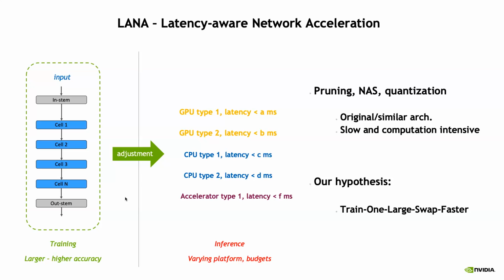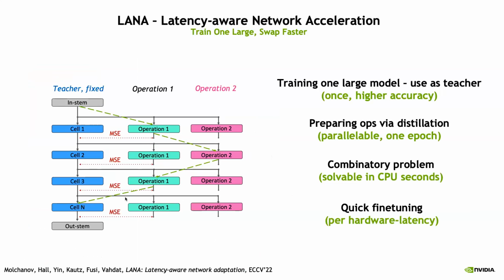So how are we going to do that? We propose this four-step method. Basically, we reformulate this entire process as a kind of search, which is a combinatorial problem. The key insight is we use the pre-trained model, which is what we call the train-one-large-model, as a teacher.